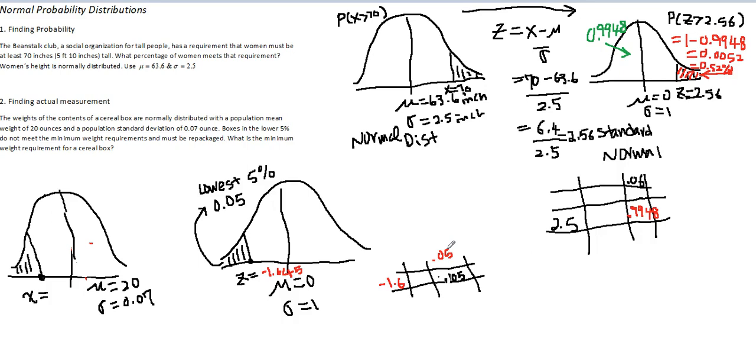Once we find the z-score, we go back and find the x-score. The conversion formula is x equals mu plus z times sigma. Here mu is 20, plus z, minus 1.645, times sigma, which is 0.07.